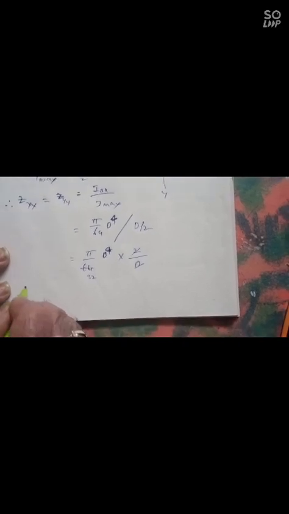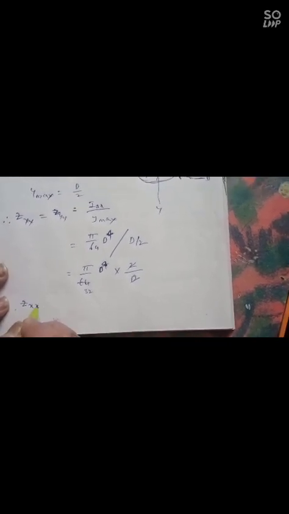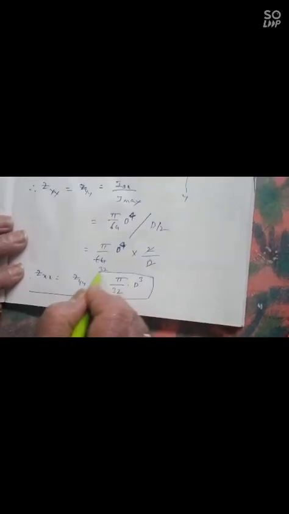So 2 and 64 get cancelled, which gives 32, and d is cancelled. So Zxx equal to Zyy is equal to pi by 32 into d cube. So this is the section modulus for a circular section.